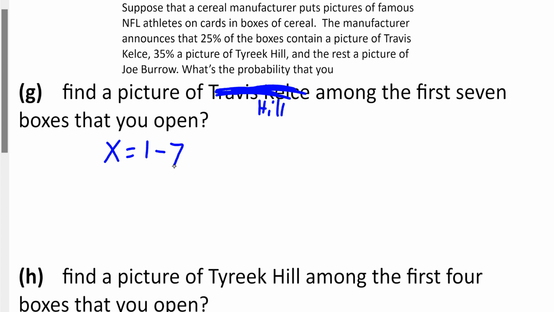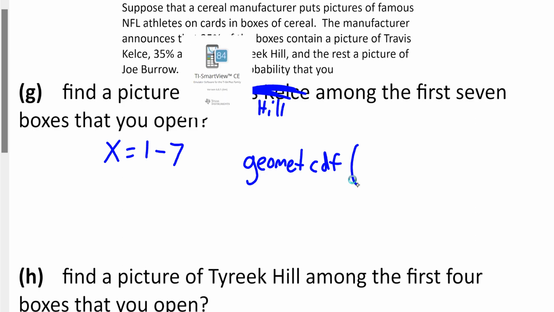How helpful is that? So there's a function for that. There is a calculator function called geometcdf. This is a cumulative one because it could be anywhere through 1 through 7. In geometcdf, I'm going to pull that up now, but you need the probability and the value we're looking for.